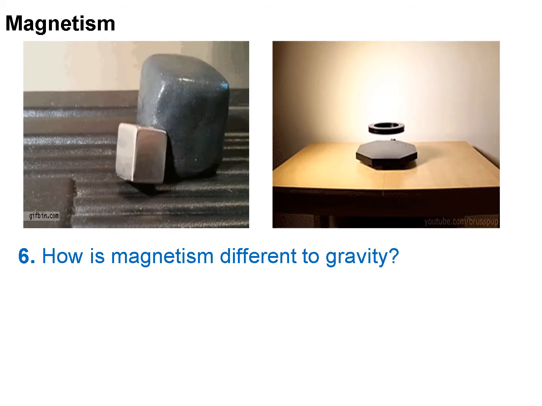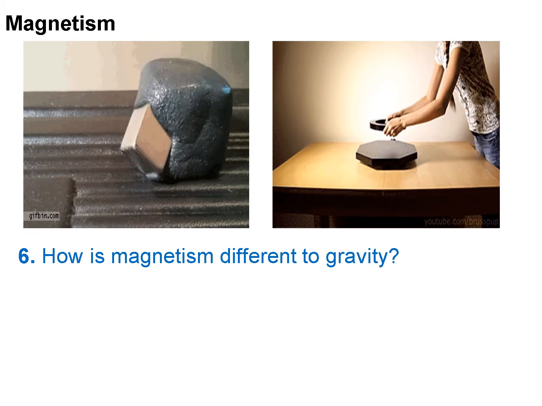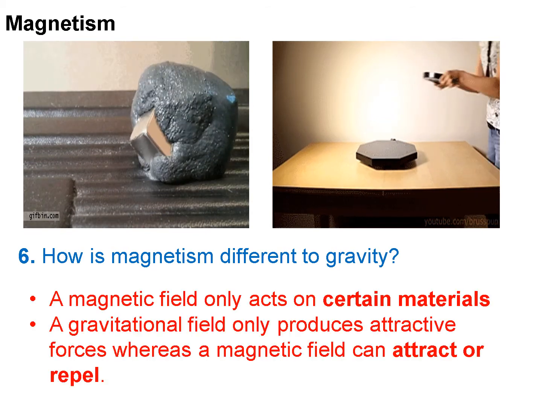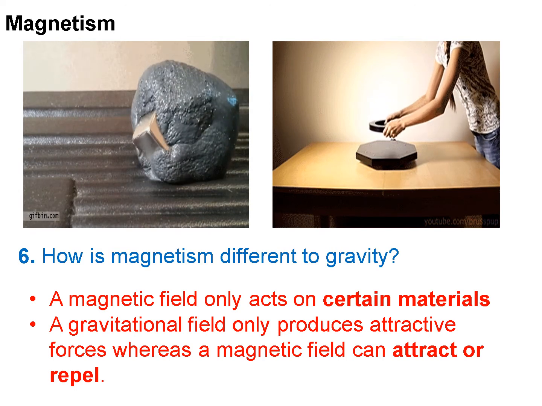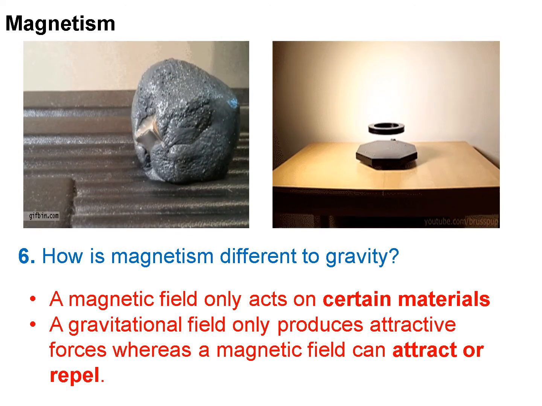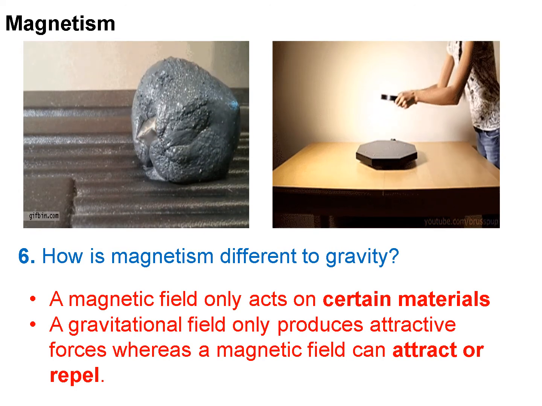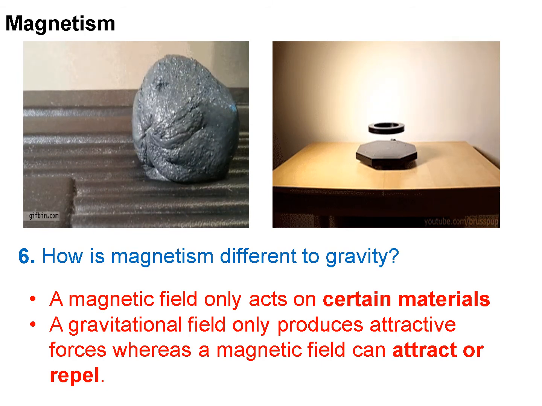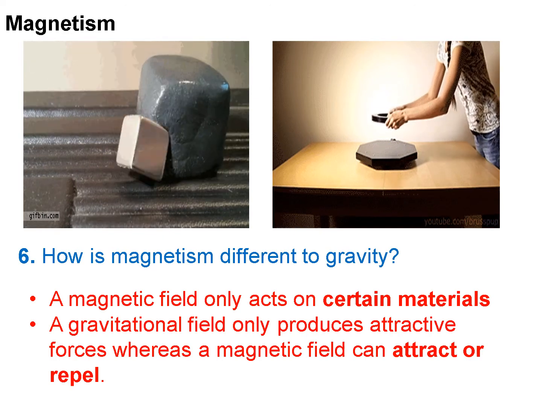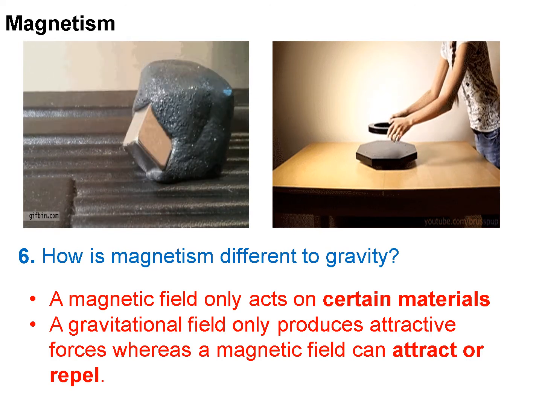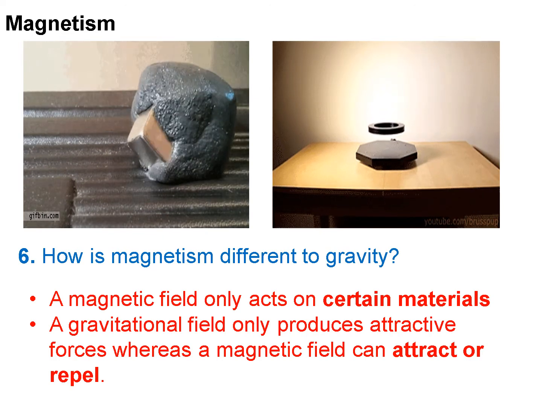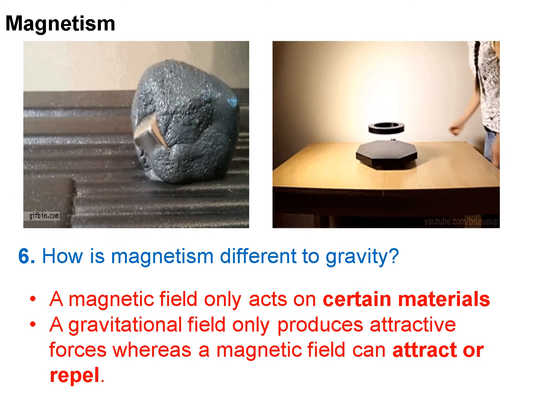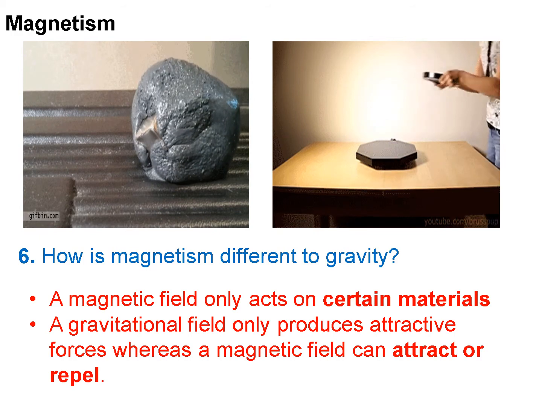If we compare magnetism to gravity, the magnetic field around a magnet can only exert a force on certain materials. If something is magnetic or is a magnet, then a magnet will have an effect on it. But if it's not a magnet and not a magnetic material, then magnetism will not affect it and the magnetic field will not be able to exert a force on it.